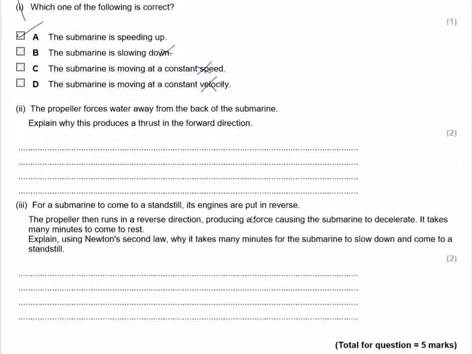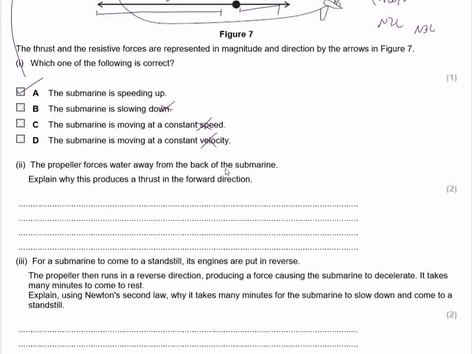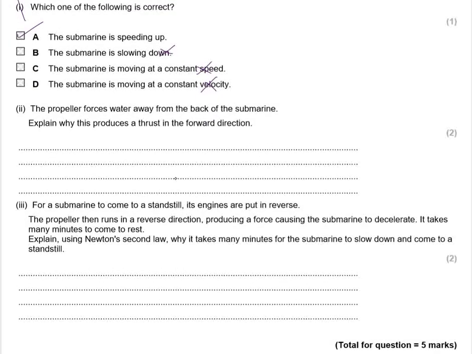Alright, so what we have here is the propeller pushing the water back. Why is there thrust in the forward direction? Okay, so this is Newton's third law. Now let's draw this again. So we have a nice propeller. The propeller is turning and it's pushing the water away.